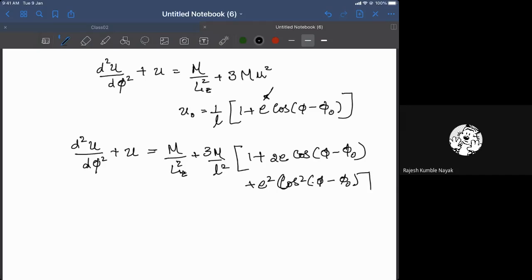Now you can again use a solution like u is equal to u0 plus e into u1 plus e square into u2. You can ignore this.